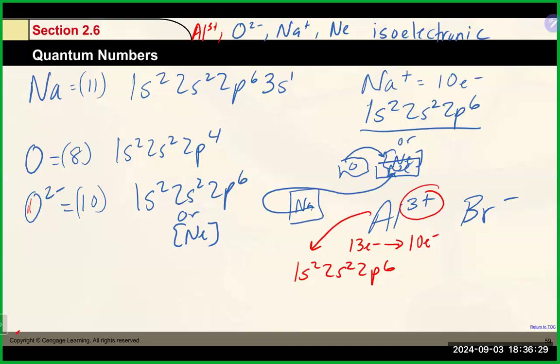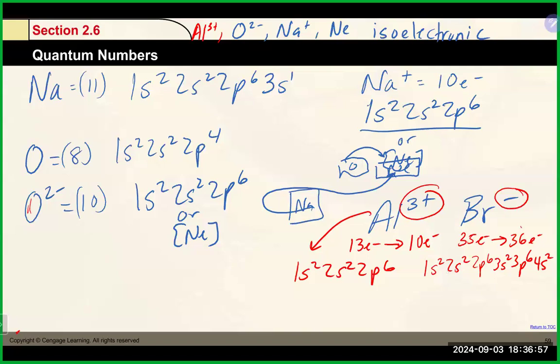Bromine, which is 35, no charge. Here with a -1 charge, minus means that it has gained electrons. 1 is how many it gained, so that's going to add 1 there. It's going to have 36. And that is going to be 1s2, 2s2, 2p6, 3s2, 3p6, 4s2. And I ran out of room there.